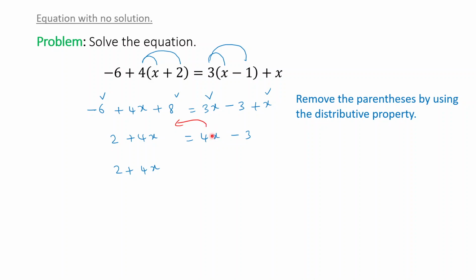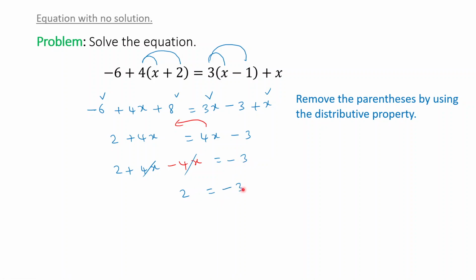If you move this to the left hand side, you need to change the sign. Positive 4x becomes negative 4x. That is equal to negative 3. Positive 4x, negative 4x, you can cancel. Now you have 2, that is equal to negative 3.